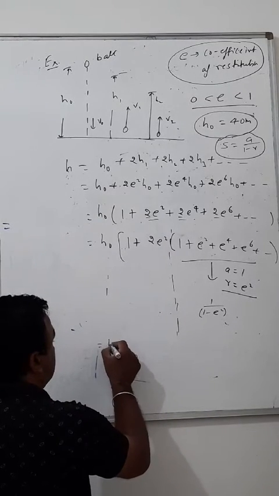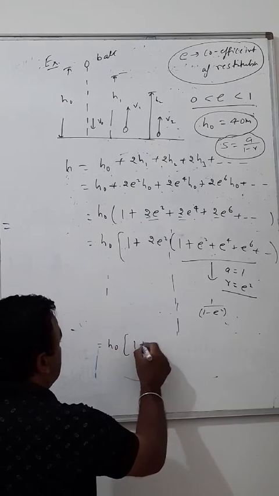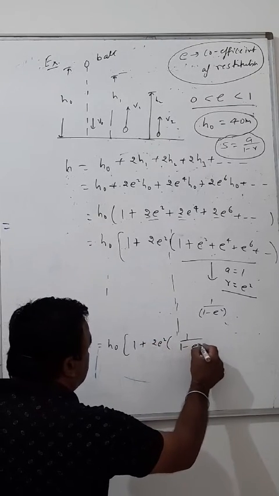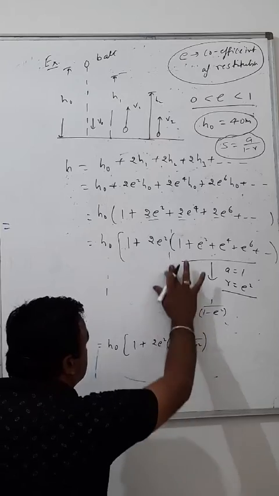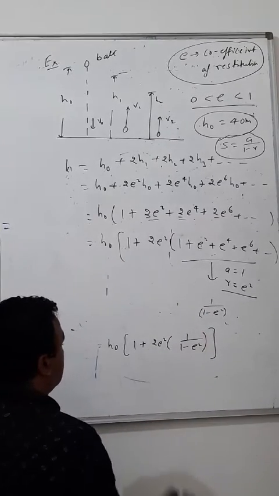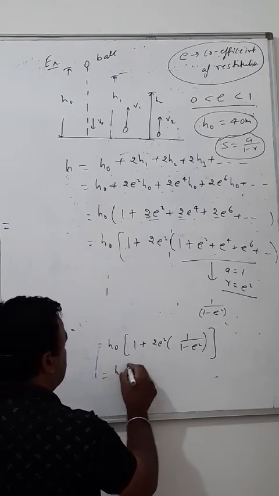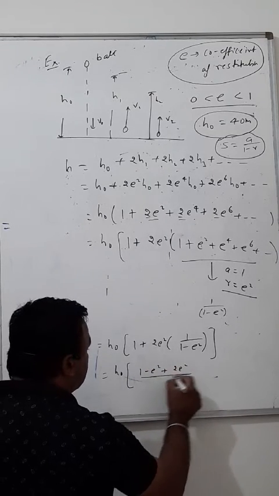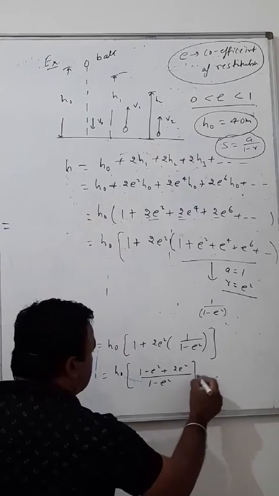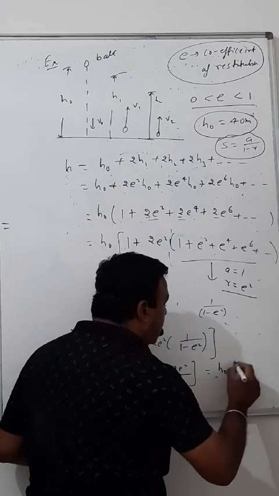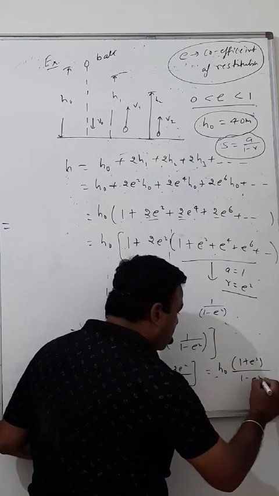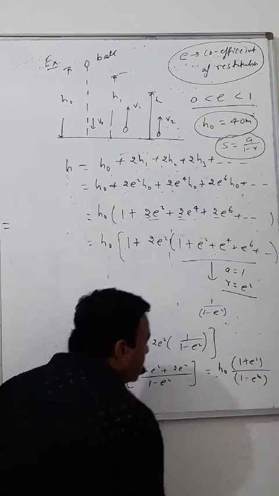Now it is H0 times 1 plus 2e square times 1 upon 1 minus e square. You can solve it: H0 times (1 minus e square plus 2e square) upon 1 minus e square, and the answer is H0 (1 plus e square) upon (1 minus e square).